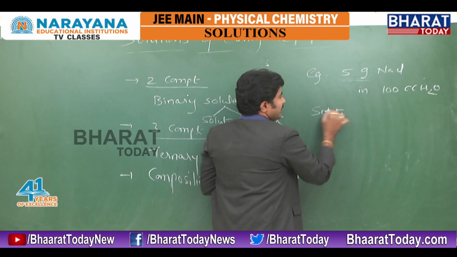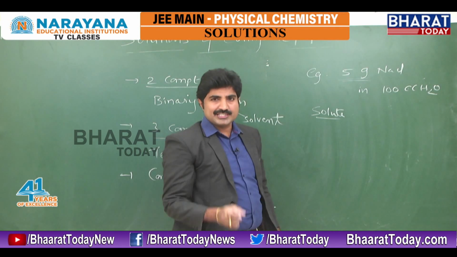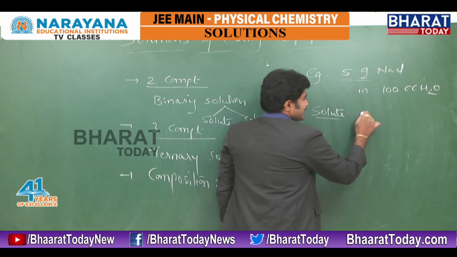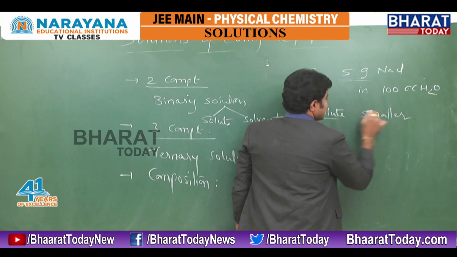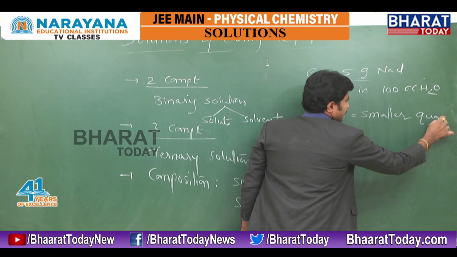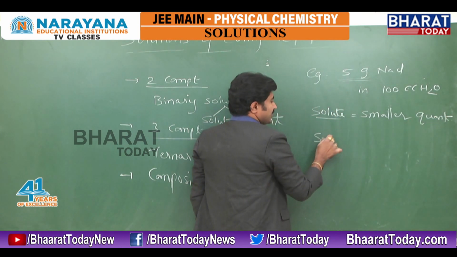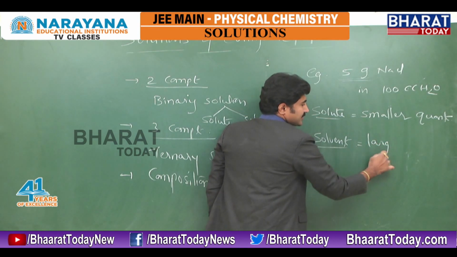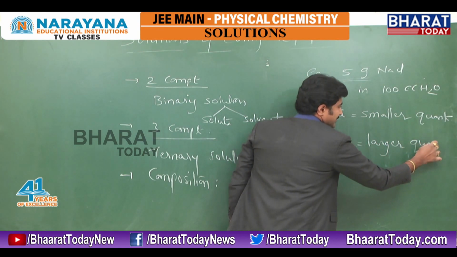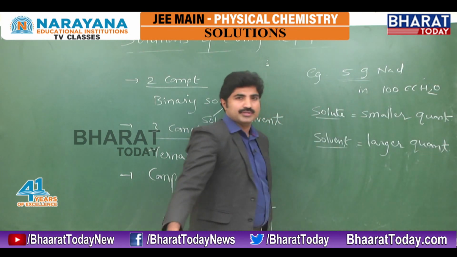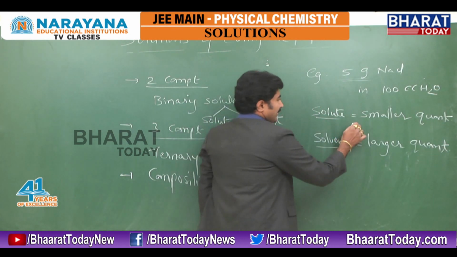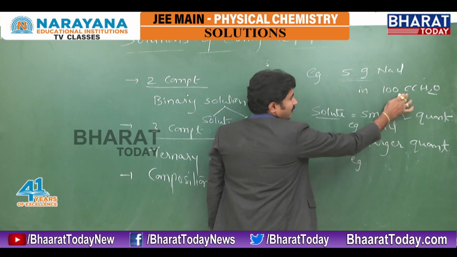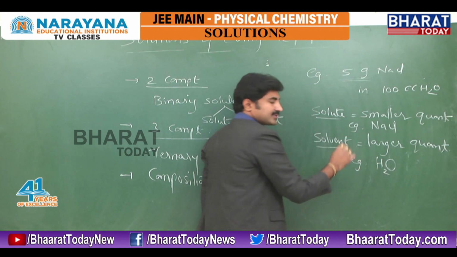Solute is the chemical species which is present in smaller quantities in the binary solution, whereas the solvent is present in larger quantities in the binary solution. In this example, NaCl is the solute, whereas water, H2O, is the solvent.